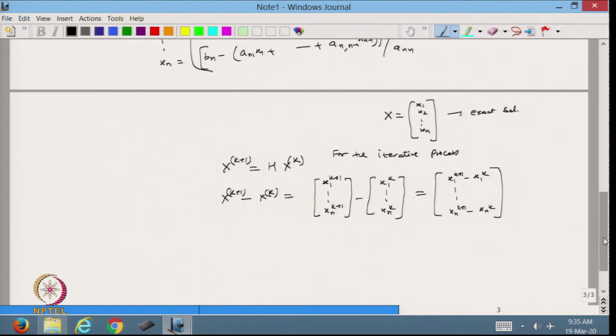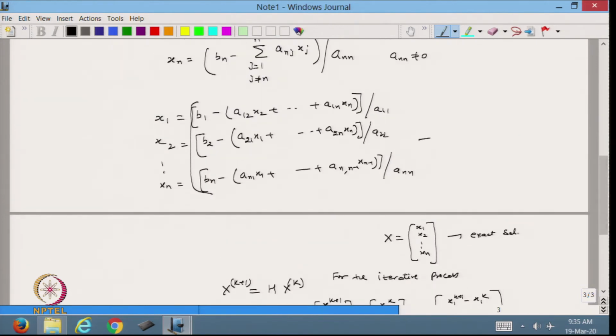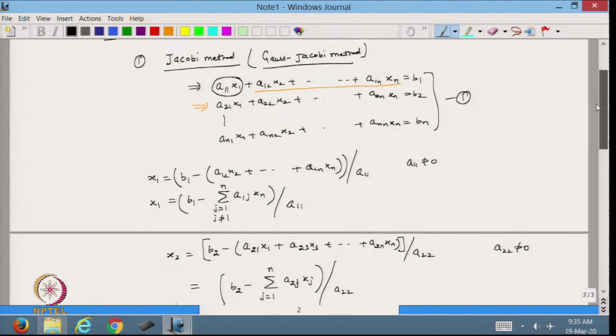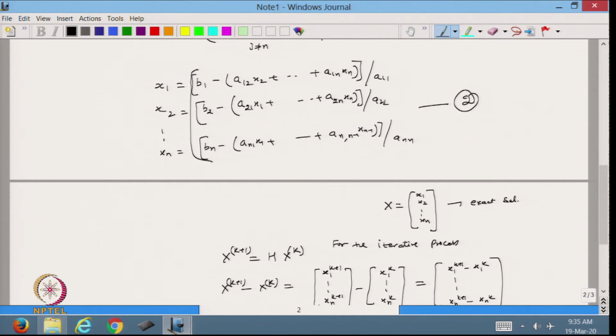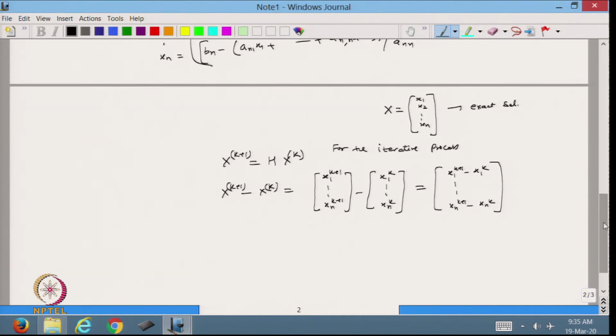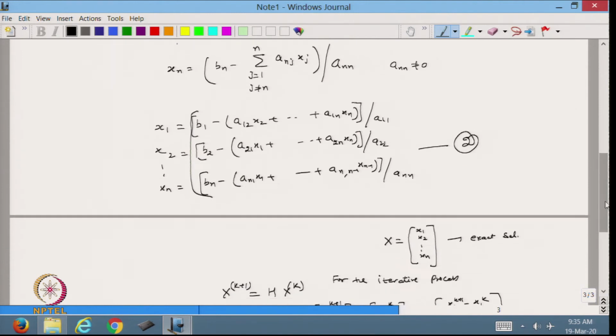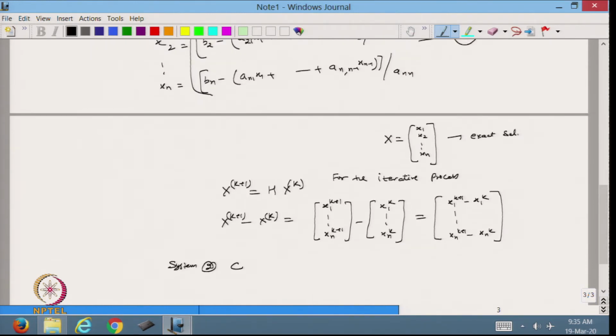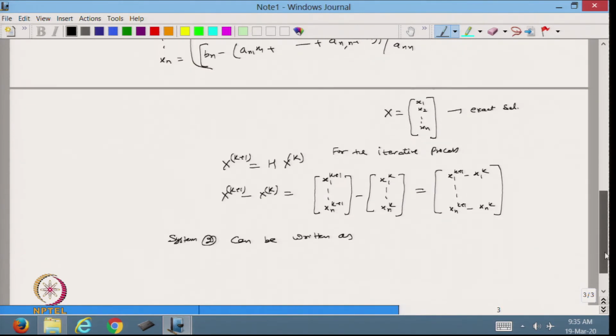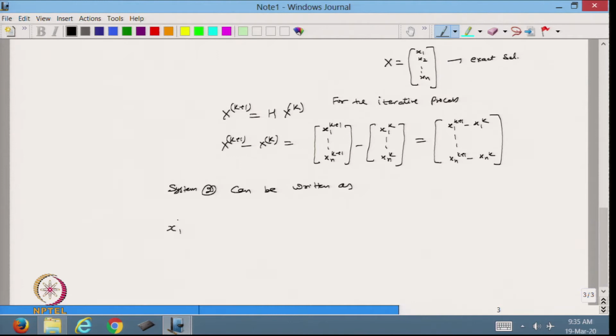Now, from the above I can write my system, equation 2, as follows. x1 k plus 1 can be written in terms of b1.